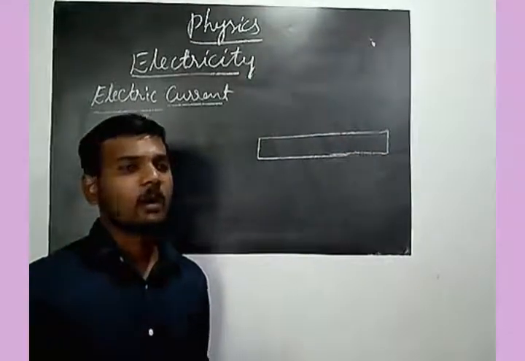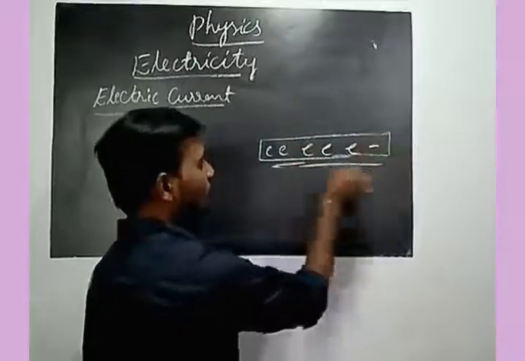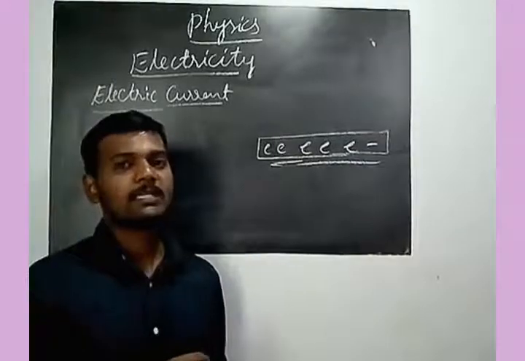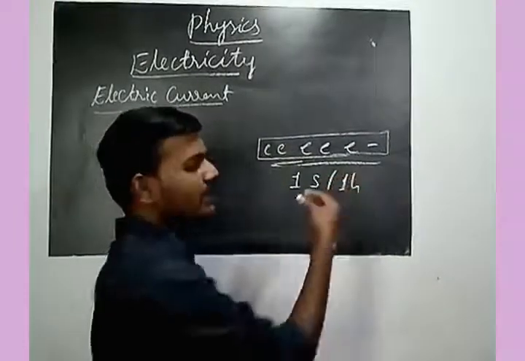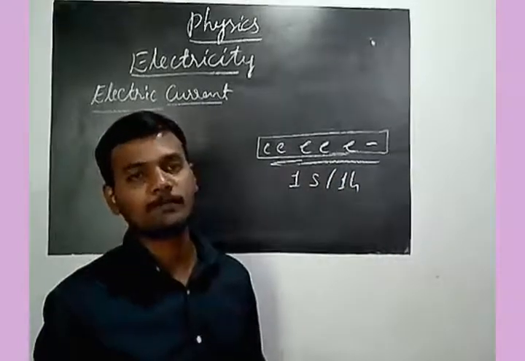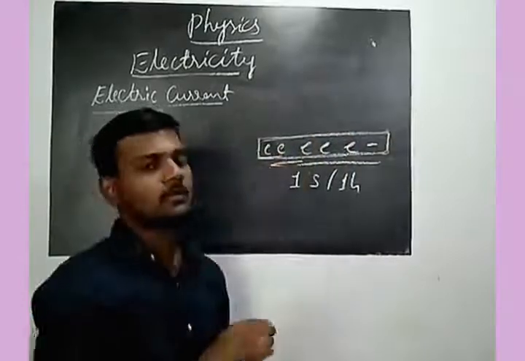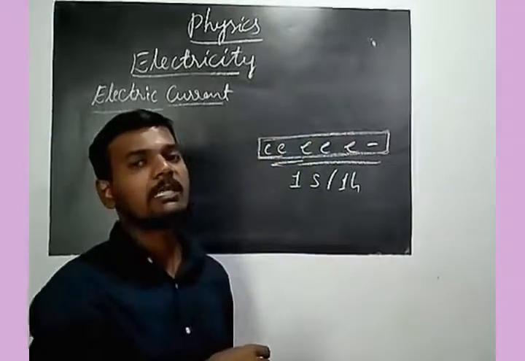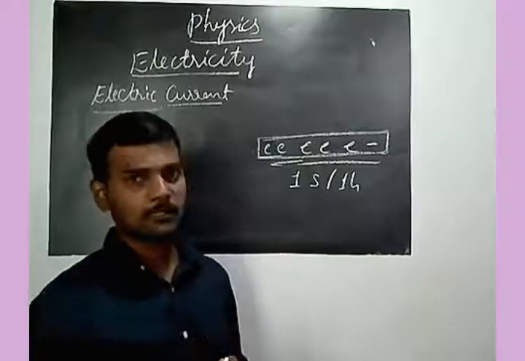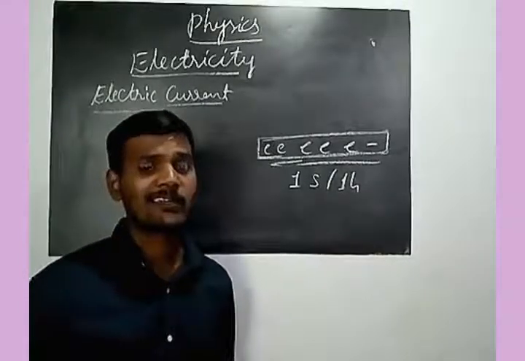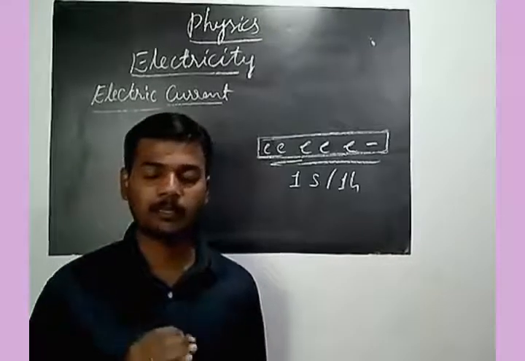In this wire, how many electrons are flowing? How many electrons are flowing in 1 second or 1 hour or any time you want to consider? In this area of cross section, how many electrons are flowing gives the electric current, because electric current is generated due to the flow of electrons in a conductor.